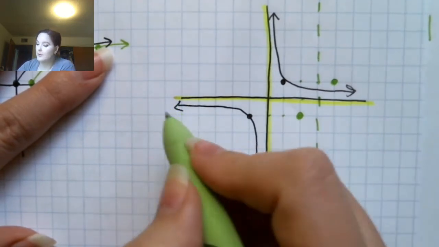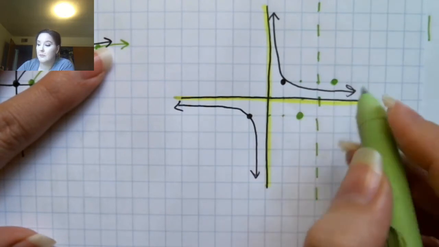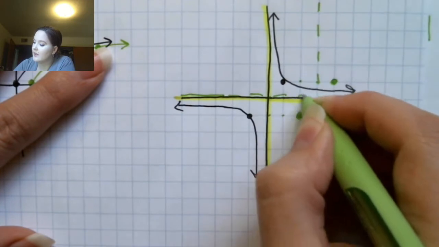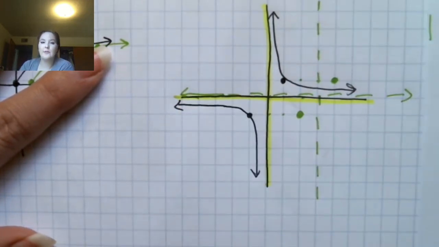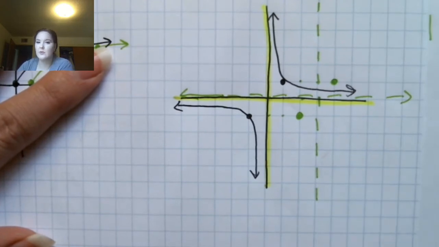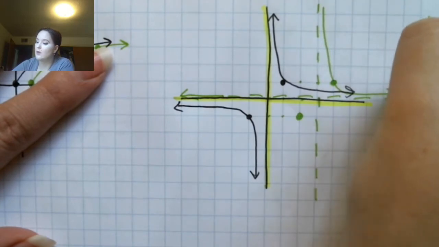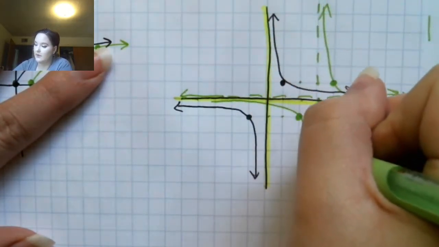Okay, and I'm going to do the same thing with my horizontal line. So I'll just move it right 3. It still looks like a horizontal line, so I'm still going to dot it in here. And remember, the graphs don't go across that line, so it gives you a good sense of the shape. Draw in that corner shape, like this.